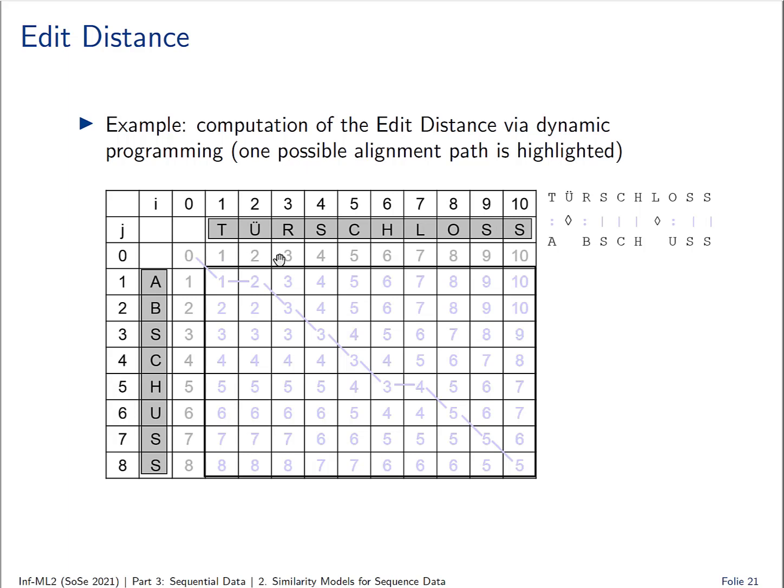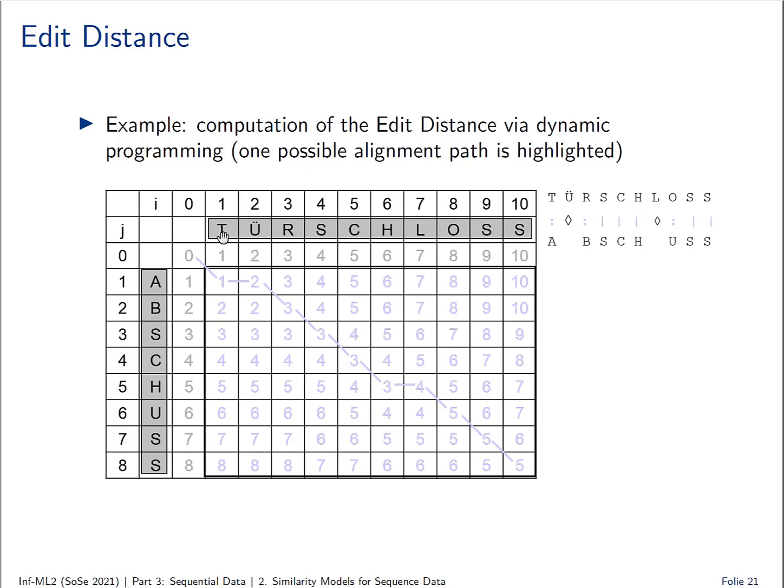So this row actually represents the added costs when we transform the corresponding subsequence of Türschloss, up to the whole sequence Türschloss, into an empty sequence. So if we only have T, we have to delete T. If we have T and Ü, we have to delete T and Ü, so we have two operations.